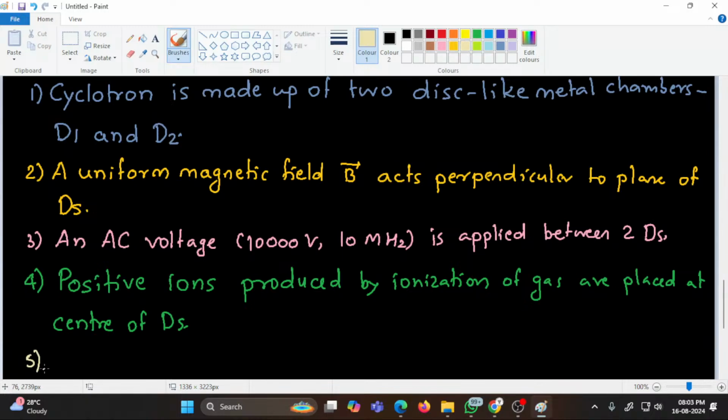Then the ions are accelerated due to the potential difference.